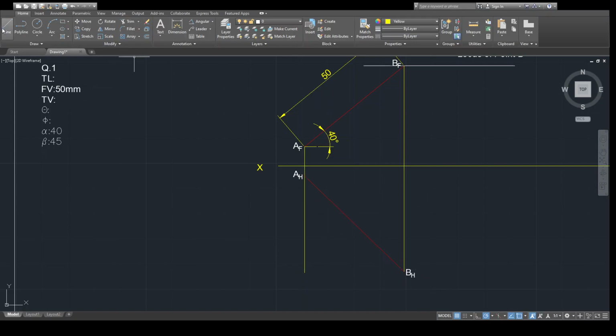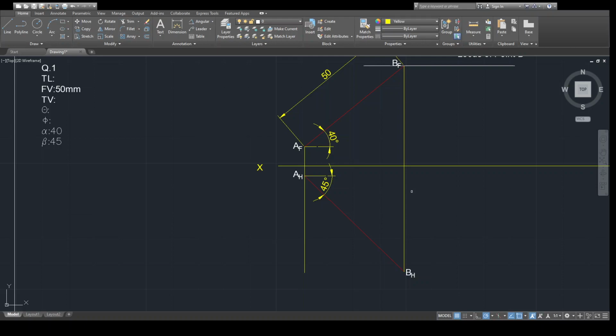So how to show the dimensions? Angle. AF, BF: front view length was 50 mm and front view angle was 40 degree. We have drawn it.